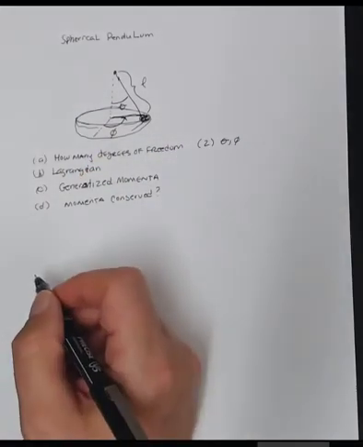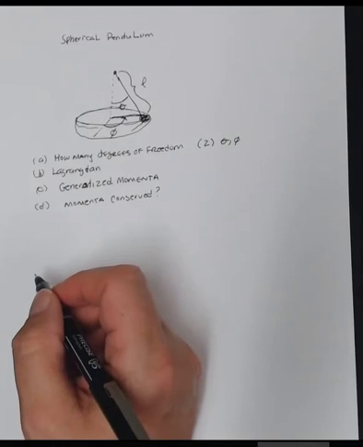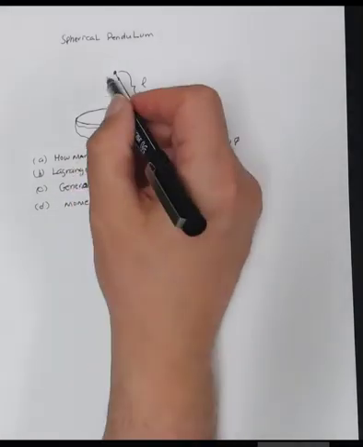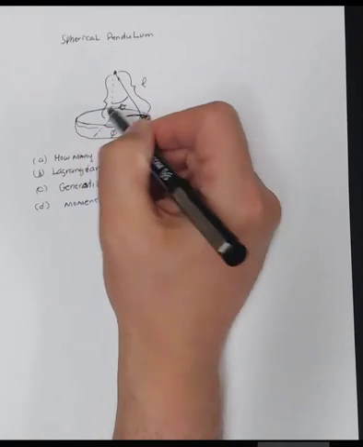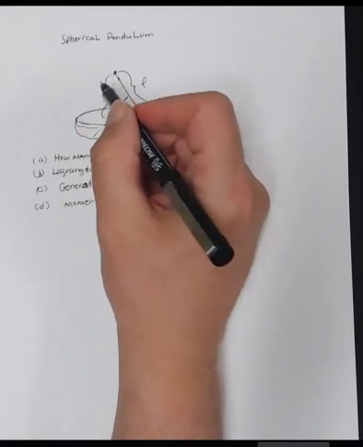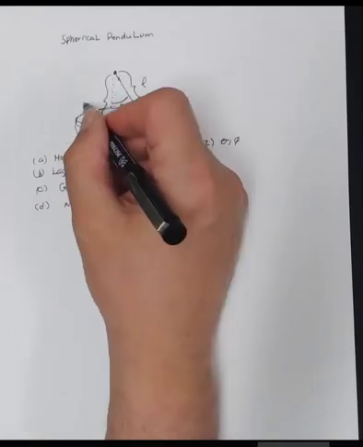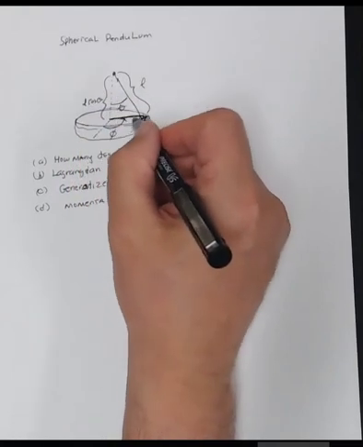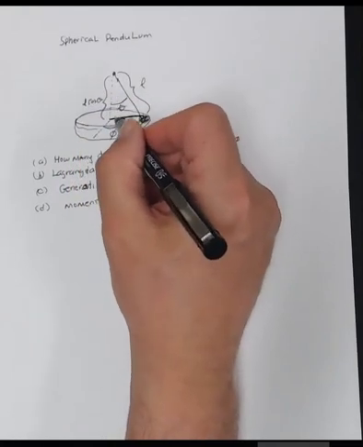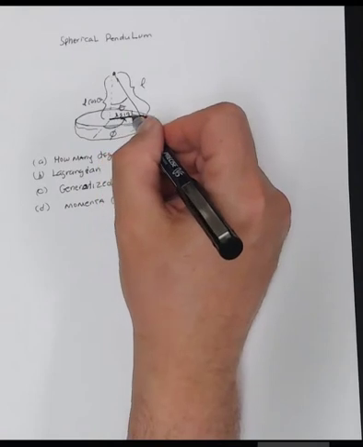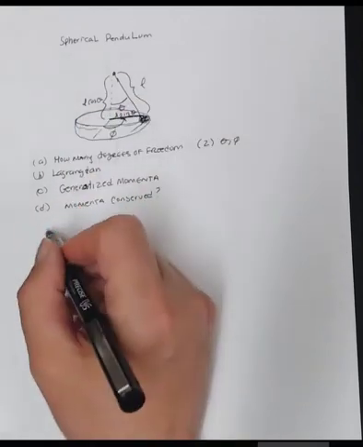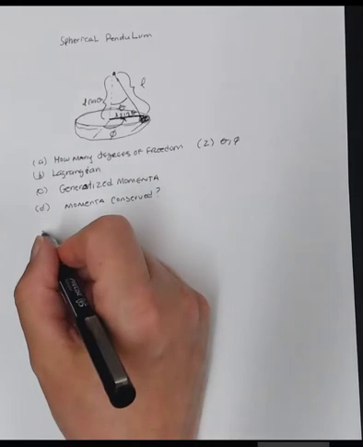So, I need to write the kinetic and potential energy for this. Now, this distance would be L cosine theta. This distance here is L sine theta. Let's start with the potential energy.